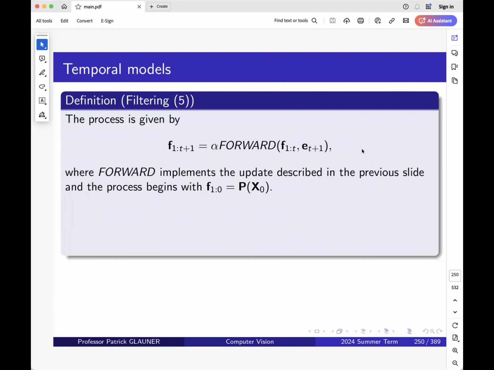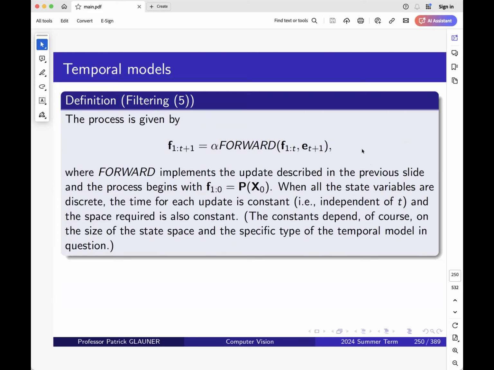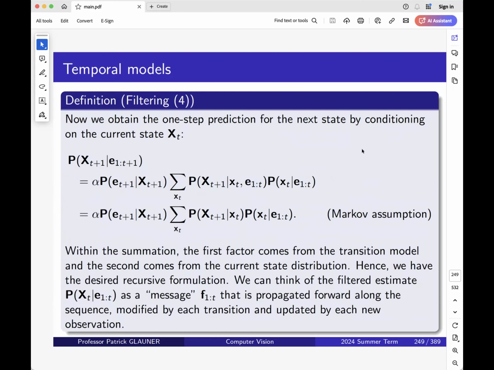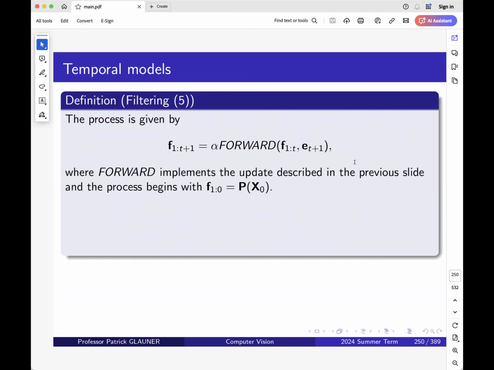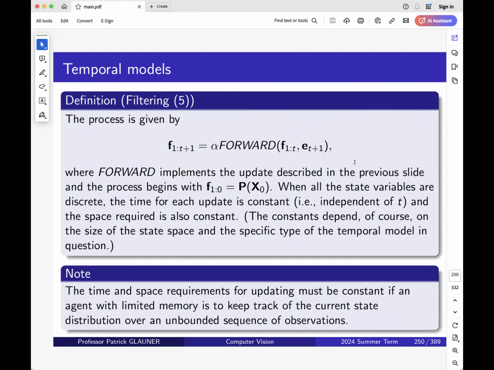But that's again highly generic, and we'll very quickly move to a concrete example so this becomes more clear. If you're curious about deriving these equations, this is explained in greater detail in the Russell-Norvig book, but in this course, we are not deriving those equations because it would take fairly long.